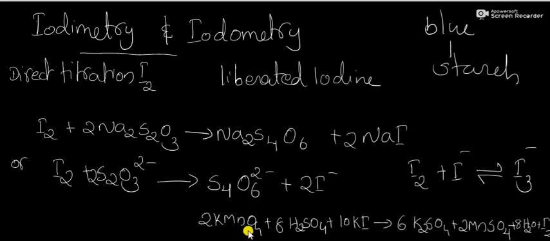Then any oxidant like potassium permanganate or potassium dichromate can be used to oxidize potassium iodide to an equivalent amount of iodine. For example, 2 moles of KMnO4 plus 8 H2SO4 plus potassium iodide gives 6 moles of K2SO4 plus MnSO4 plus H2O plus iodine.